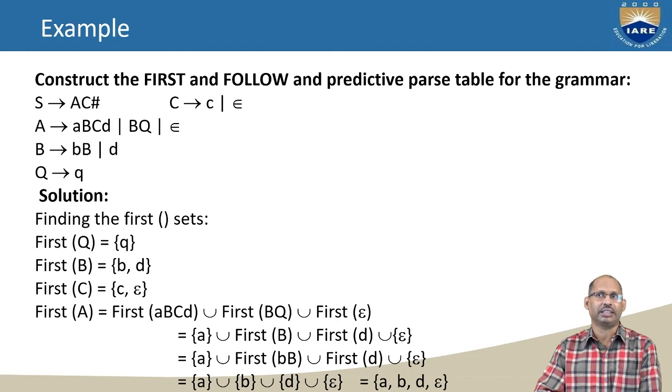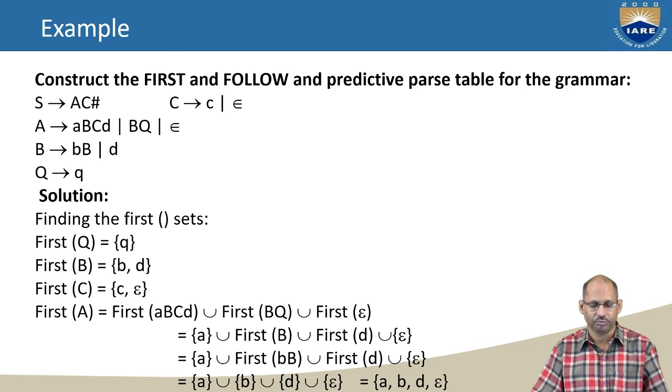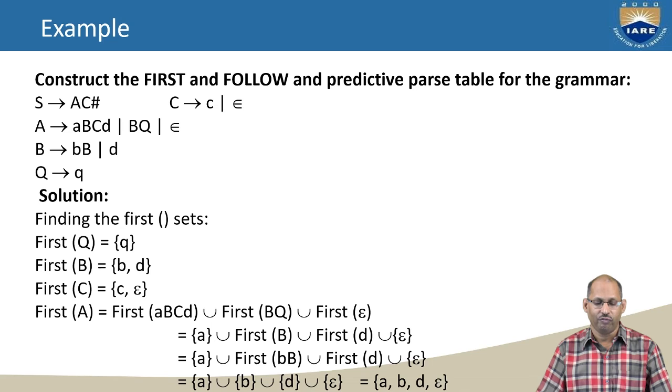We want to construct first, follow, and predictive parsing table for this given grammar. The first step is writing the first of the given sets.